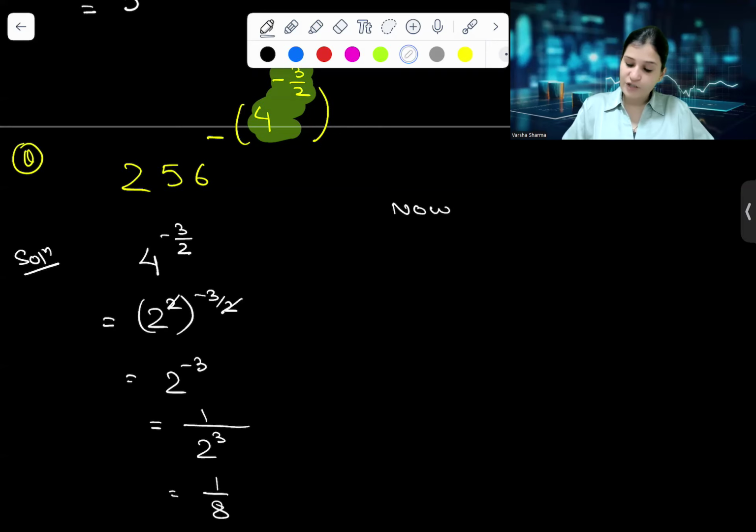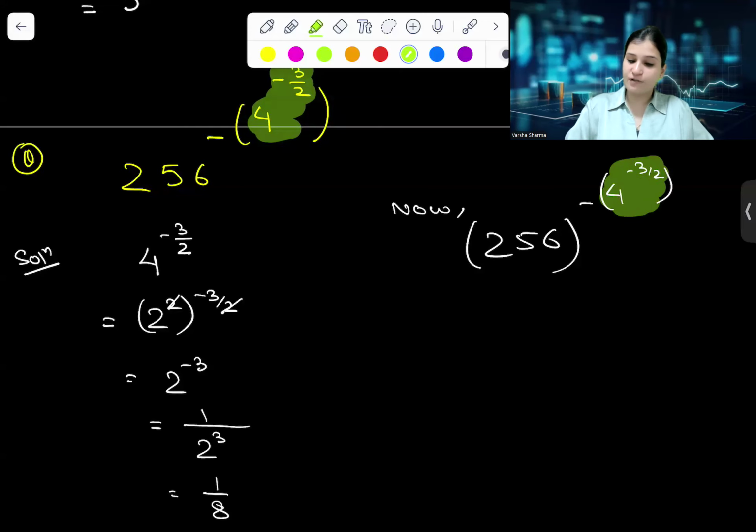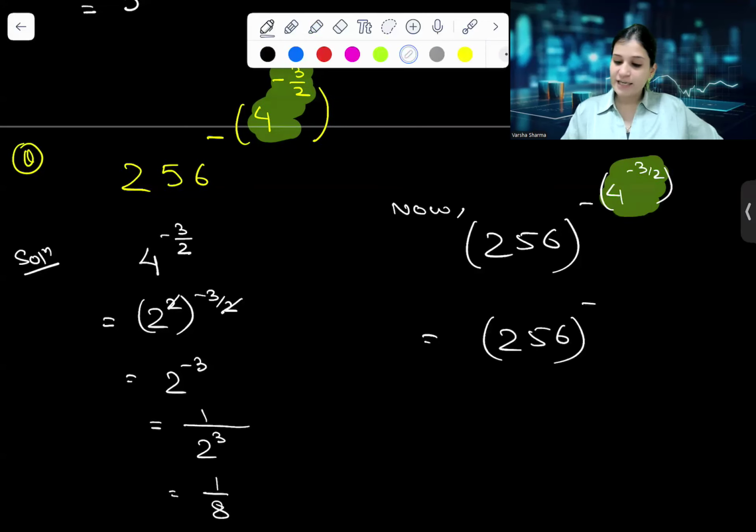Now I'm going to write the question again. And I'm going to put the value in the first floor and second floor. The minus sign was there. Here I can write 1 by 8. So now we are left with ground floor and first floor, only 2 floors.